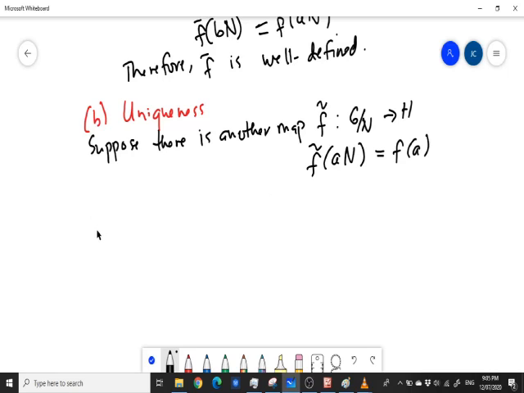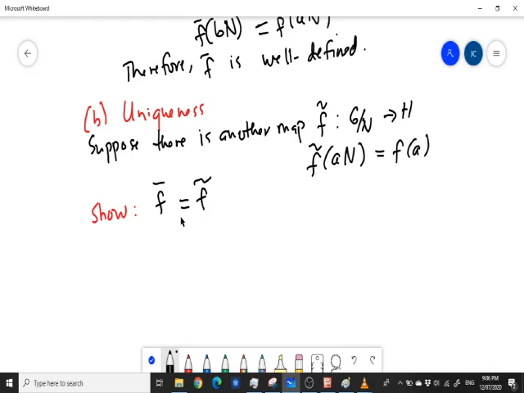So if there is such a mapping, you have to show that f bar is equal to f tilde.